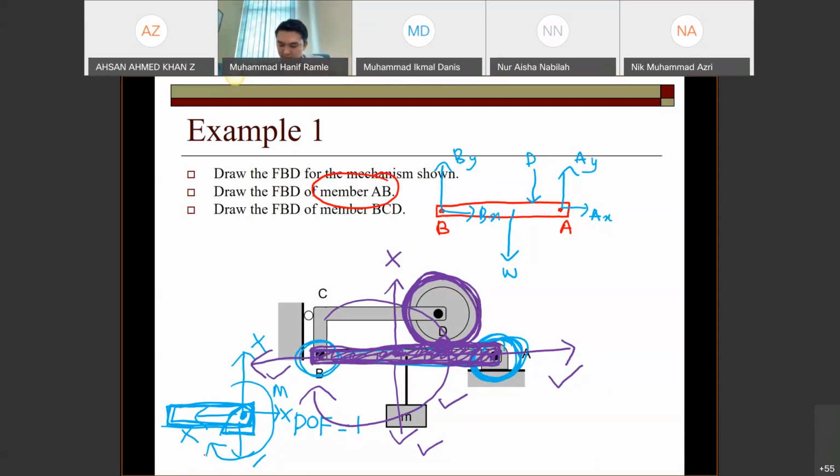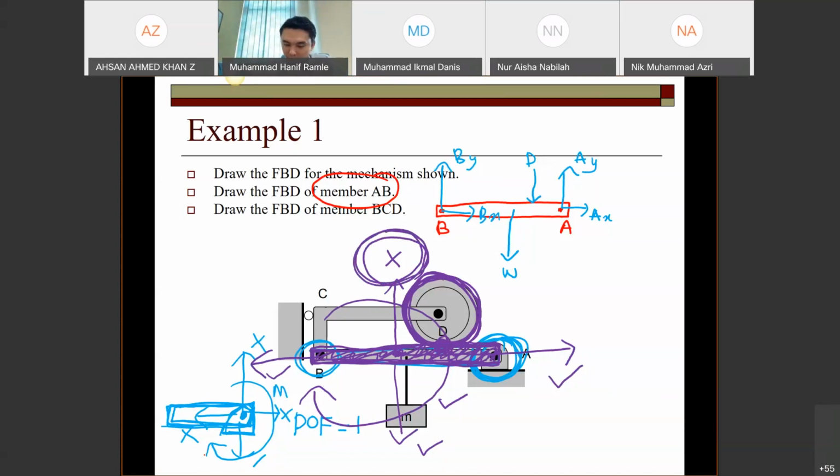Okay, do you understand the explanation? So the cannot one, I call it the cannot one, only one. Meaning that there is only one reaction.